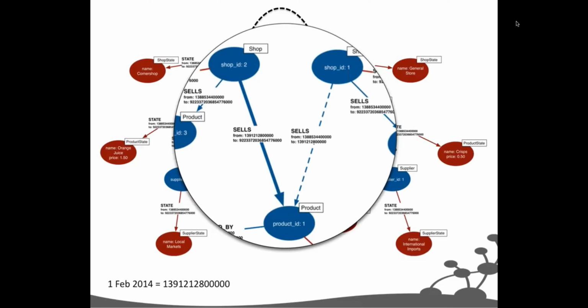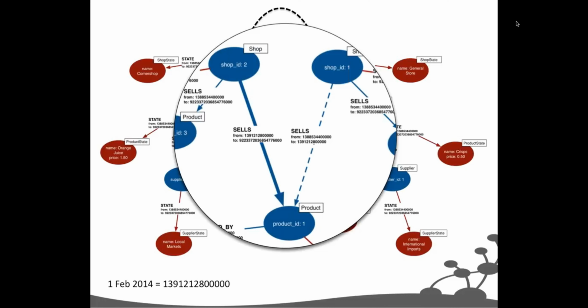So what we do here is we timestamp the old relationship with the current date time, and then we create a new relationship from shop 2 to product 1, and again we timestamp that sales relationship with the from value, the current date time, the 1st of February, and its to value, this magic number, this no upper bound.